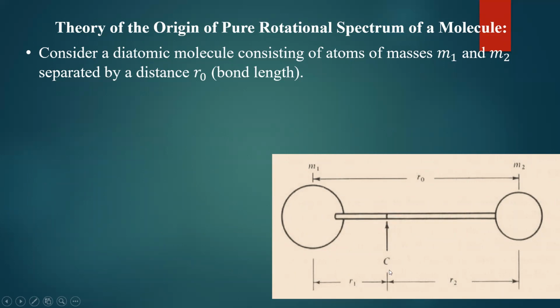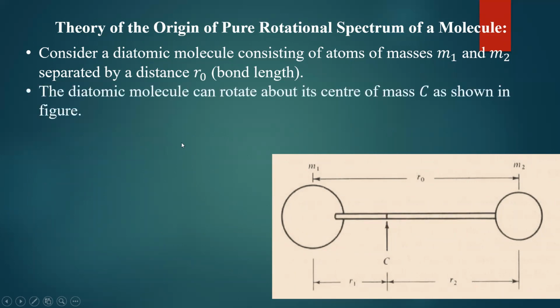So this point C represents the center of mass or center of gravity of the molecule, where the moment of mass is going to be 0. Let us consider that m1 is situated at distance r1 and m2 is situated at r2 from the center of mass.